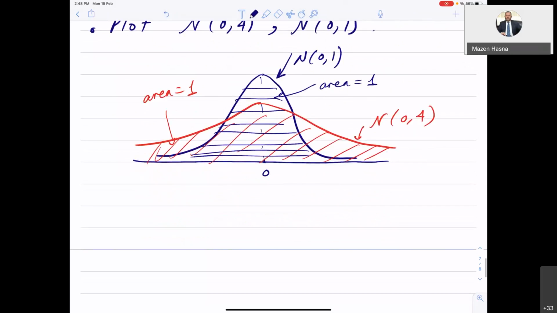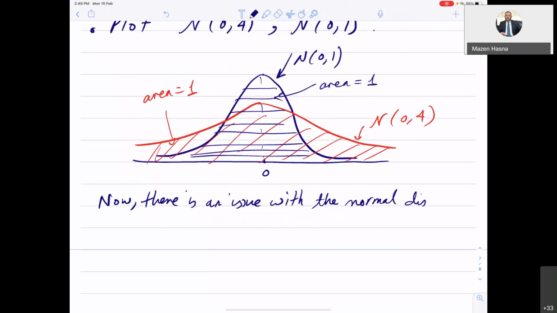Okay. Now there is an issue with the normal distribution, which is that its capital F of x does not exist.